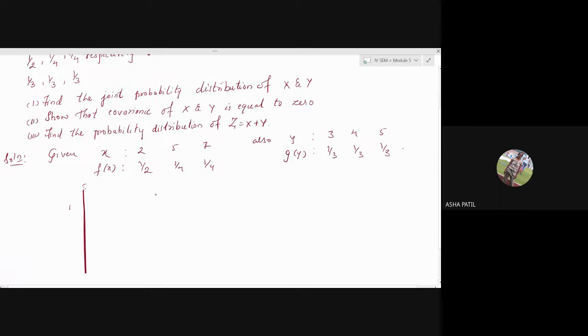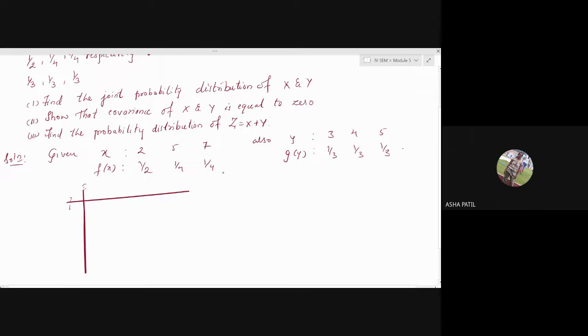Expectation of x is equal to mu x is equal to sigma xi into f of xi. Joint probability, what are you telling? Can you tell me once again? Ma'am, expectation of xy is equal to sigma xi yj into f of ij.